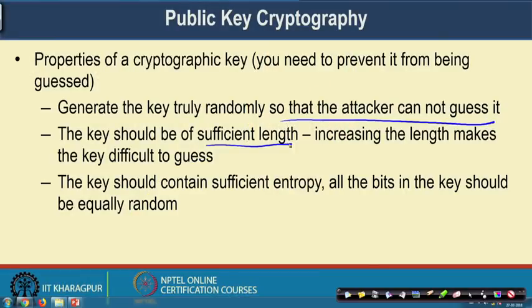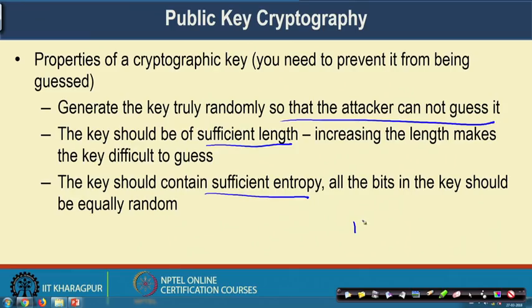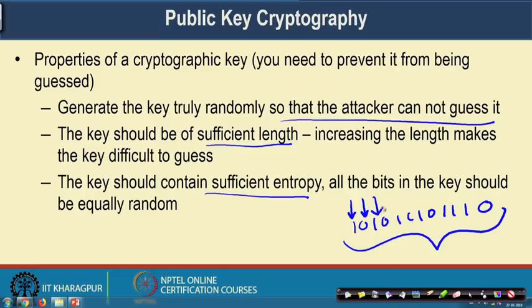Now, the third property, which is also important, is that the key should have sufficient entropy. That means all bits in the key should be equally random. The concept of entropy basically determines how much information is embedded inside a particular text or piece of information. Whenever you are generating a random key, you should ensure that the entire thing is random or difficult to guess, and at the same time every individual bit in the key is also generated by a truly random mechanism, so they should not be guessable.